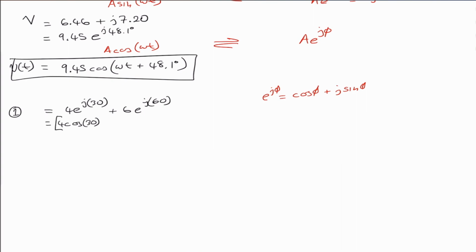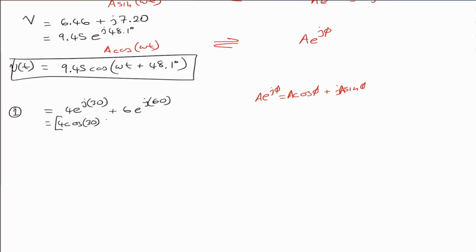So I'm factoring. I know that from this expression, if I apply Euler's identity, I'll get a 4. So you can include your a as always. I'll get a 4 cosine 30. From this expression, I'll get a 6 cosine 60.